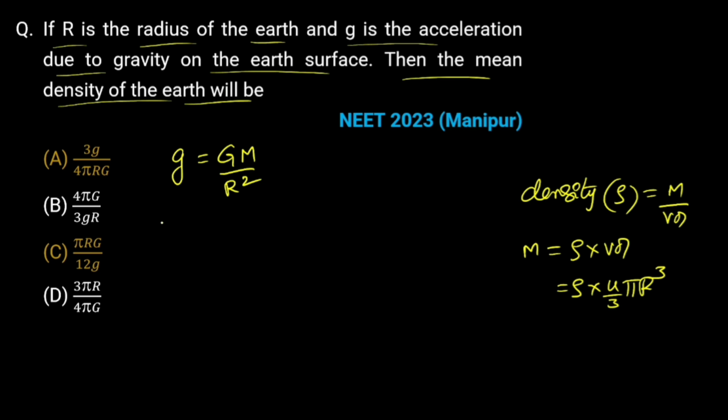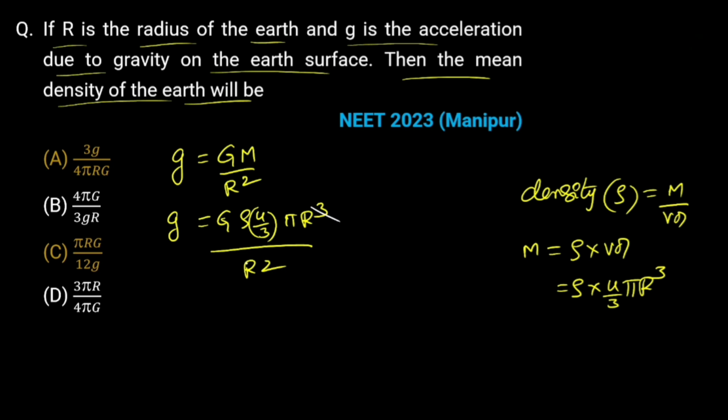Let me put that value. g equal to G, M equal to rho into 4 by 3 pi R cube, divided by R square.